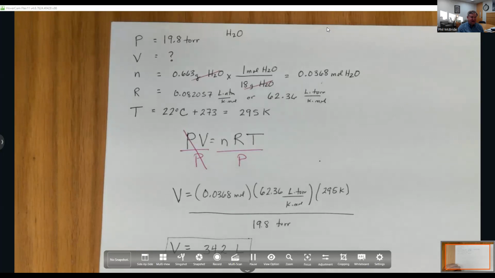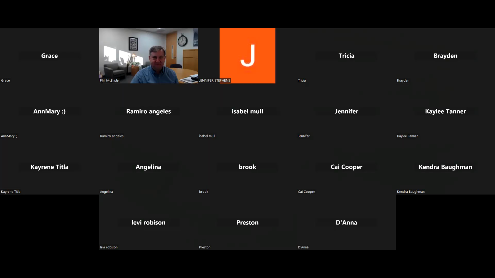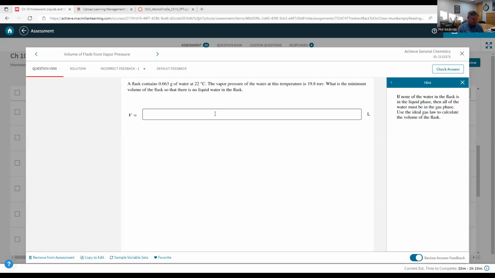So questions 10 and 11 on your homework both involve this kind of a problem. This was 34.2.